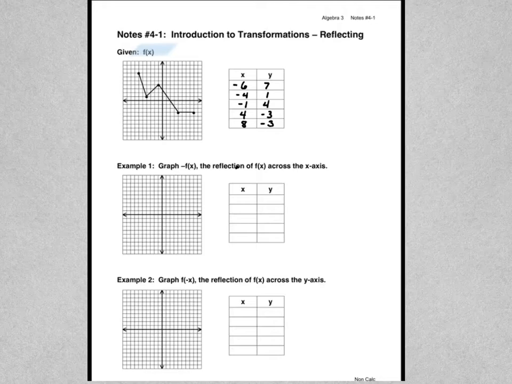Now we're going to go down and say we want negative f of x, which is a reflection across the x-axis. So, for x-axis reflections, this is what you're going to do.